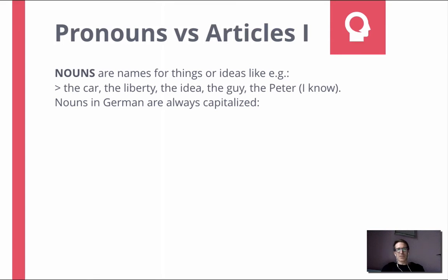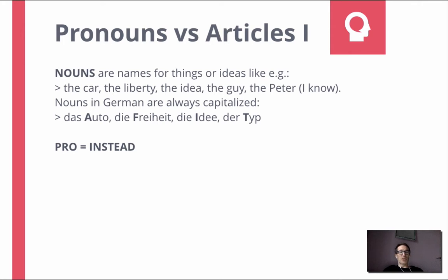And in German, nouns are always capitalized, as you can see here. So whenever you see a capitalized word, it is a noun. Or it is the very first word in a sentence, like in English. Those are always capitalized, so that is always a bit tricky. But if there's a capitalized word on any other position than the first, you can be 100% sure this is a noun.